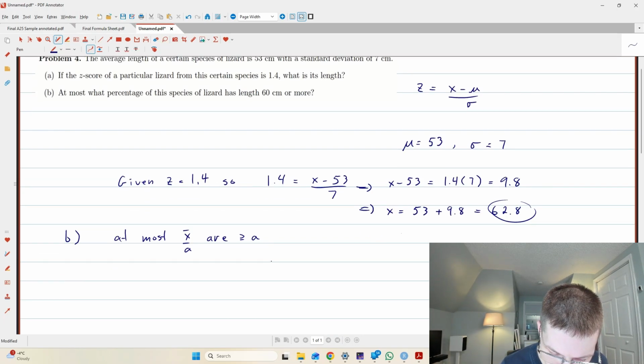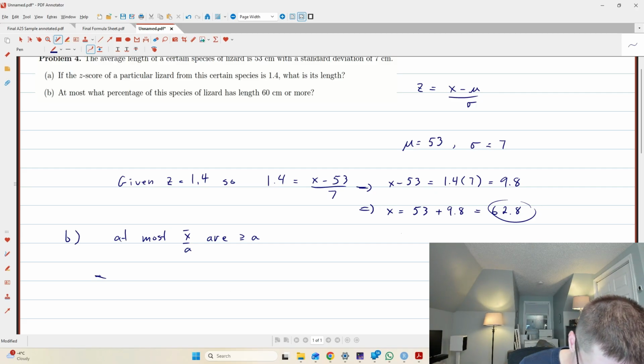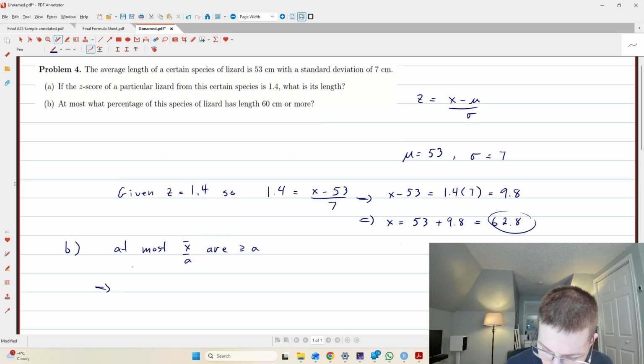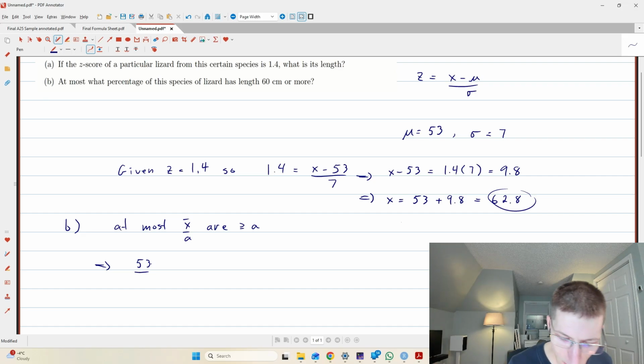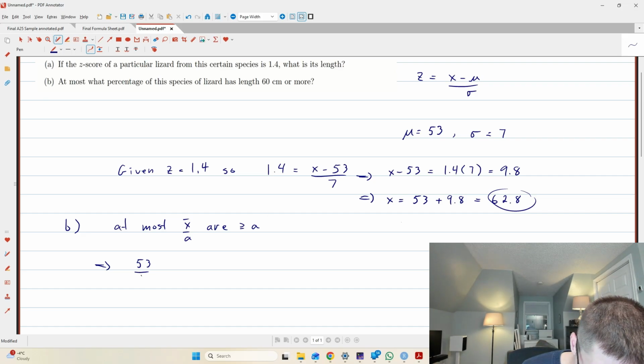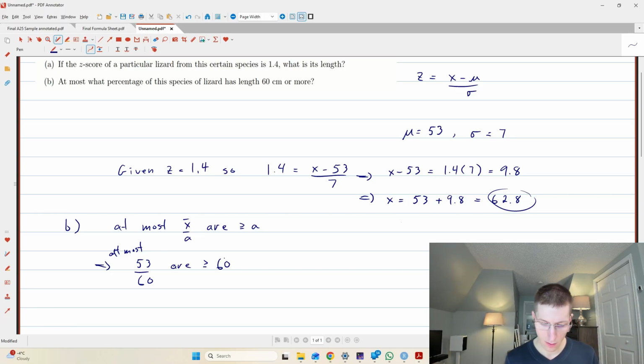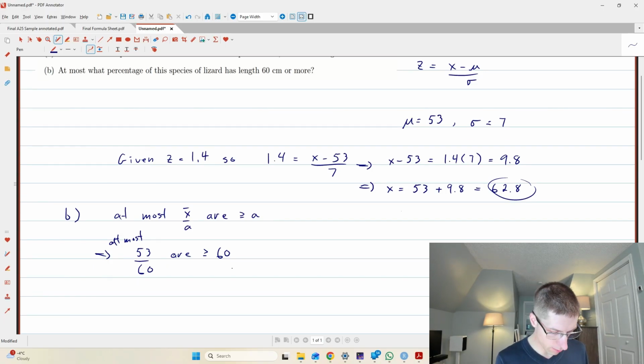So here x bar is 53. So we've got 53 is the mean, and A is the thing we're trying to compare against. So that's 60. So this is at most 53 over 60, which gives us about 0.8833.